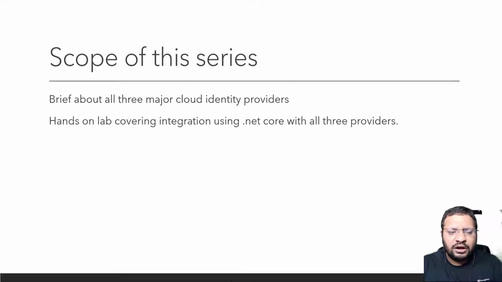So we have covered the basic details. Now we will be doing hands-on labs, and within the labs we will pick up each of these services by Azure, AWS, and Auth0, and see how to configure those from the cloud dashboard and then how to use them within the client applications.